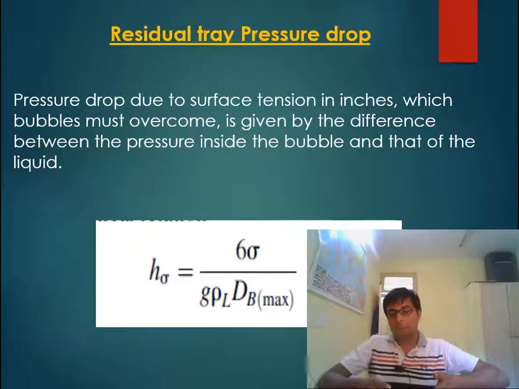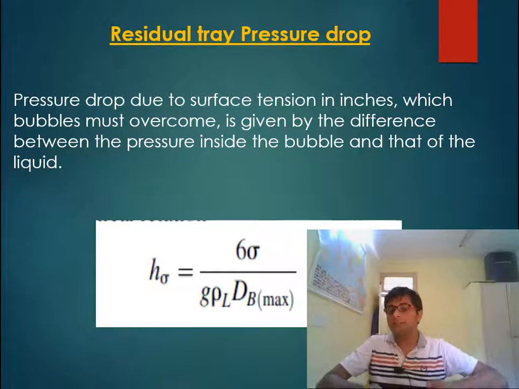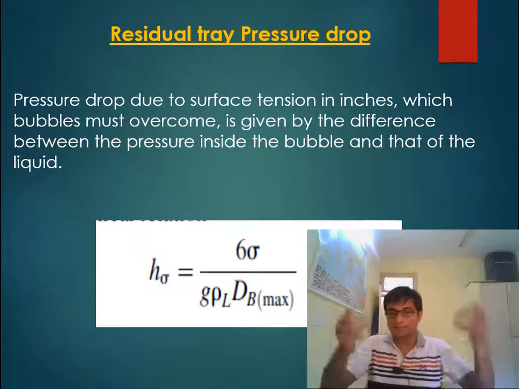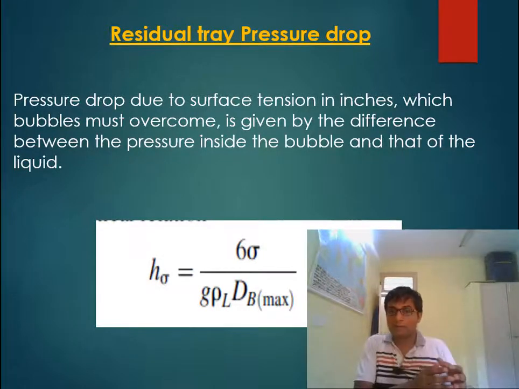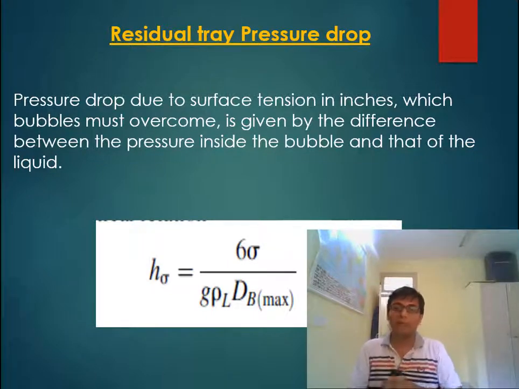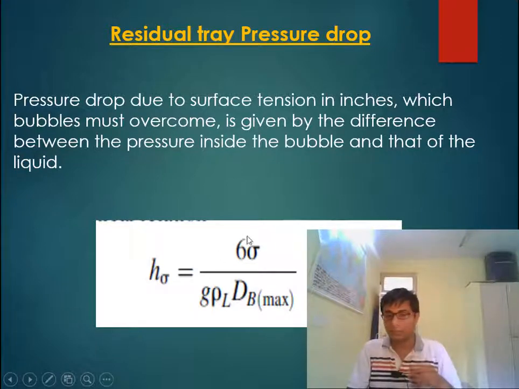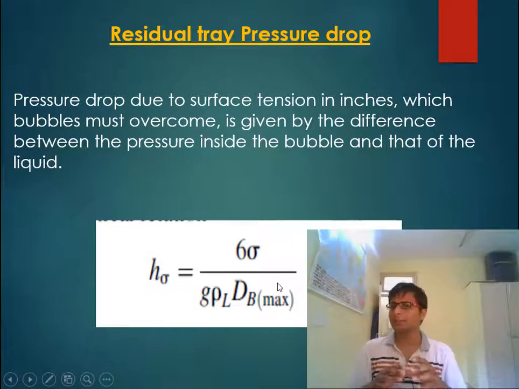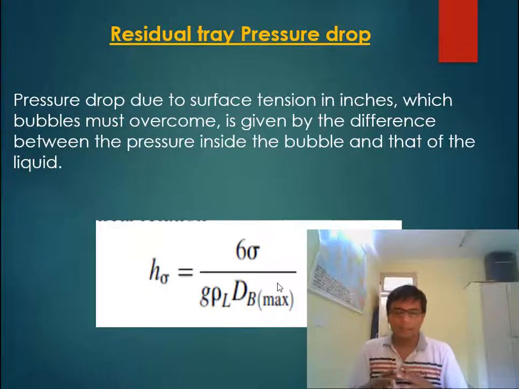Now, since the bubble rising through the liquid has an increasing diameter, if I take the average of the diameter, it turns out to be 6 times surface tension divided by diameter. This is given in Treybal, Seader and Henley, and all these books.